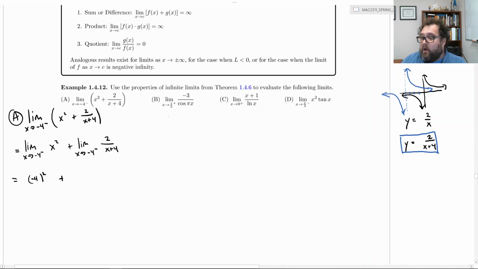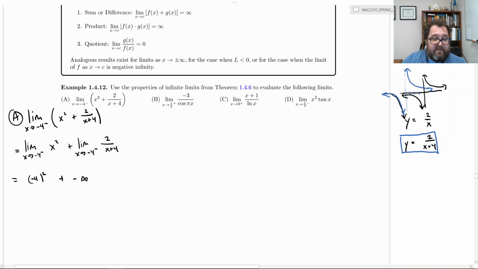Plus, but now what's the limit as we approach -4 from the left? Well, if we approach -4 from the left, we're over here, going down towards -infinity. So this is an infinite limit, in fact equal to -infinity, which the way you would know that was by knowing what the graph of 2 over x plus 4 looks like.